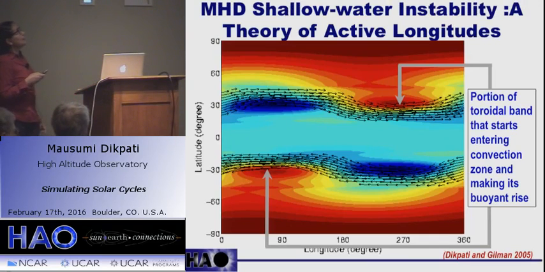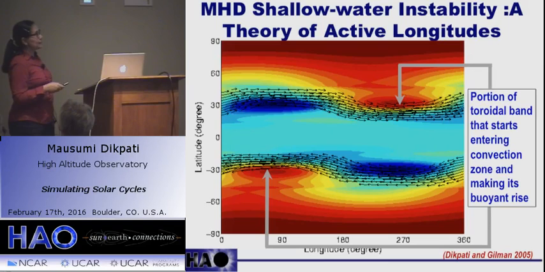Here is a solution from the MHD shallow water model in a latitude-longitude plan form. The color represents the height or thickness of the Tachocline, and the arrow vectors show the toroidal band. Red represents the height and blue the depression.